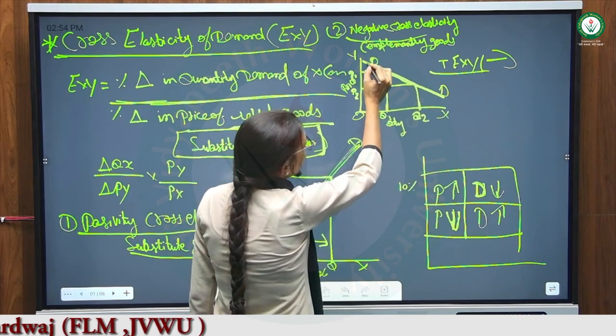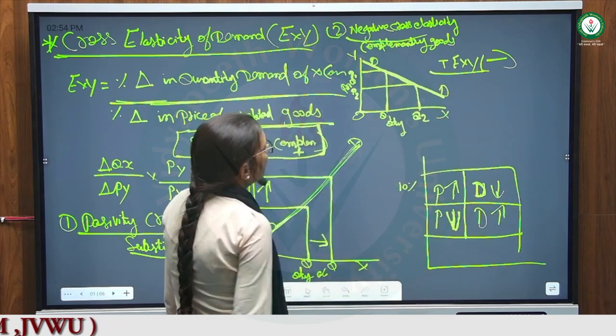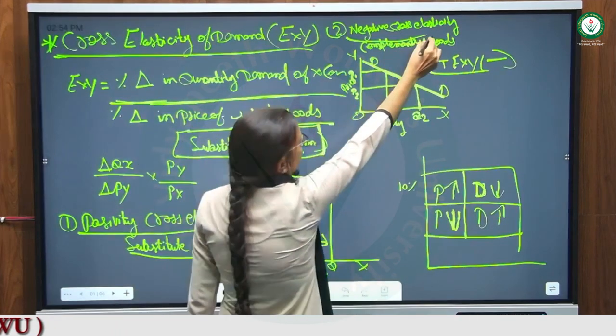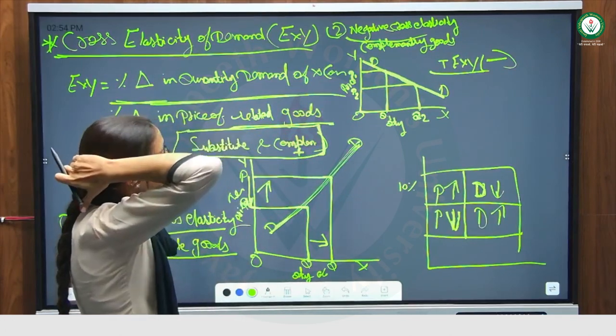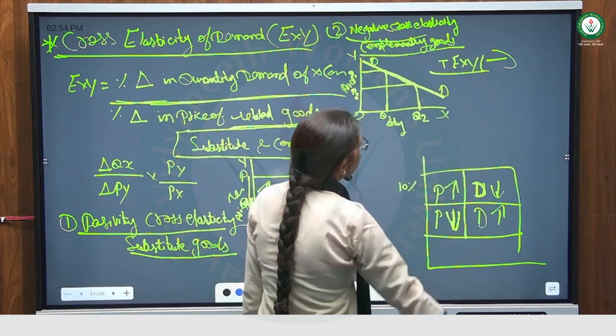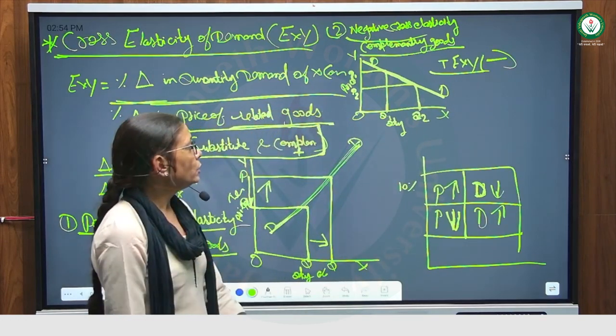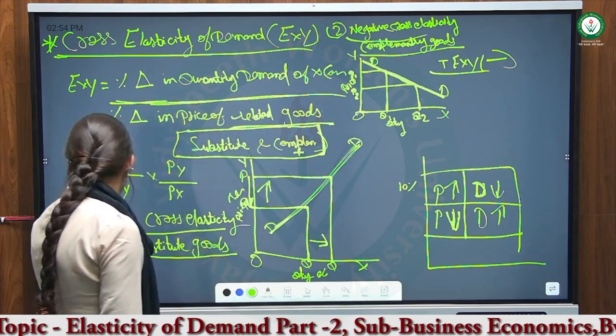This is an inverse relationship. An inverse relationship takes place in negative cross elasticity, and negative cross elasticity is found in complementary goods, which, as I already told you, are used together. Now move on.